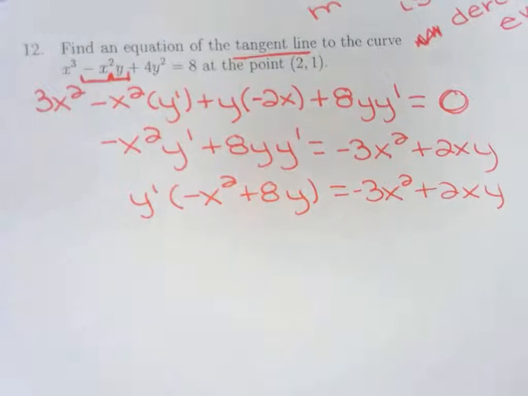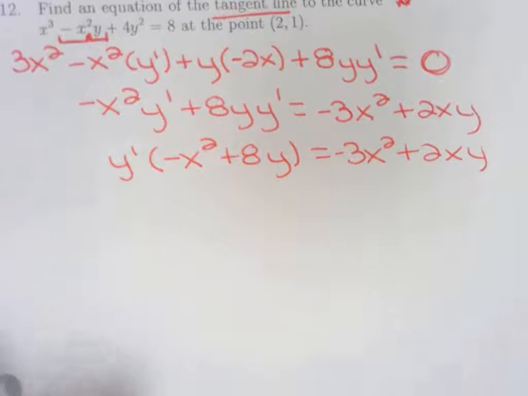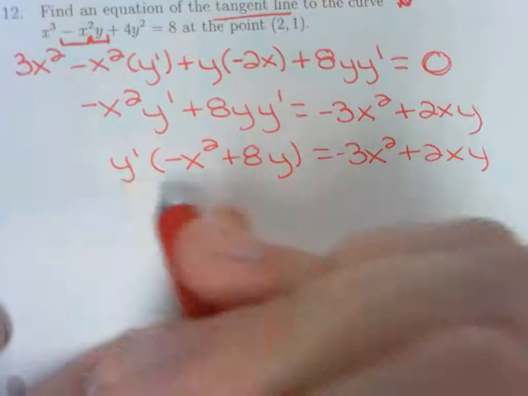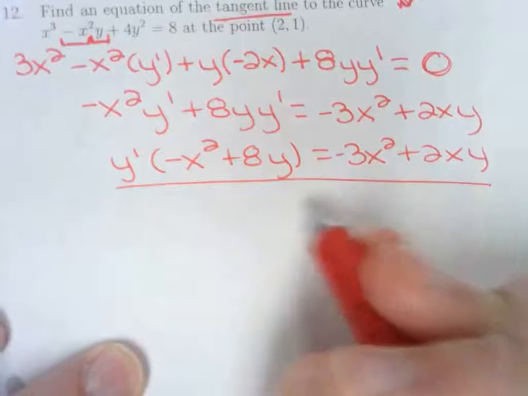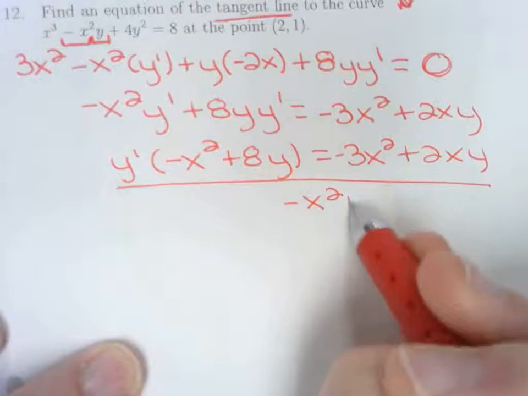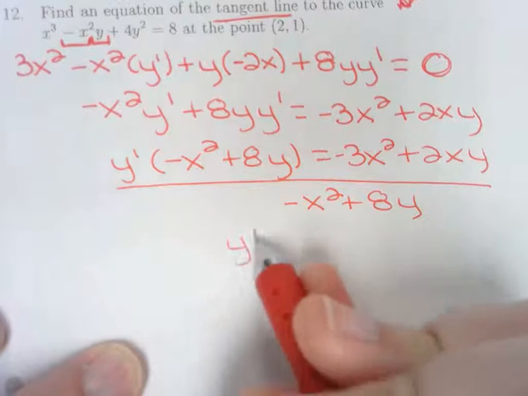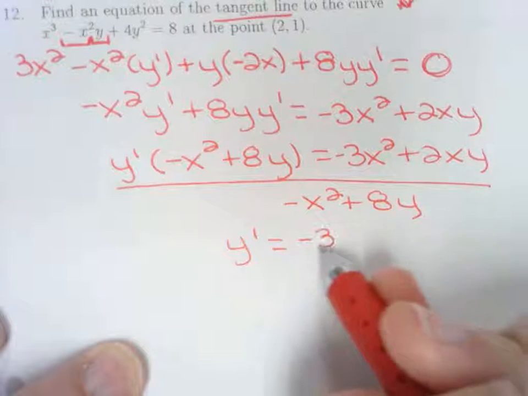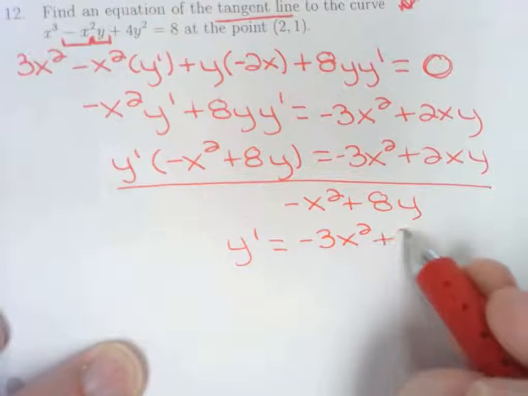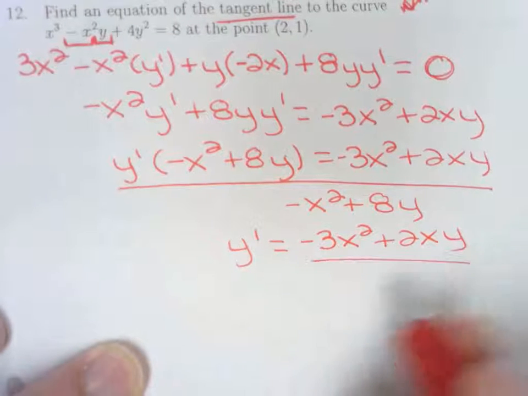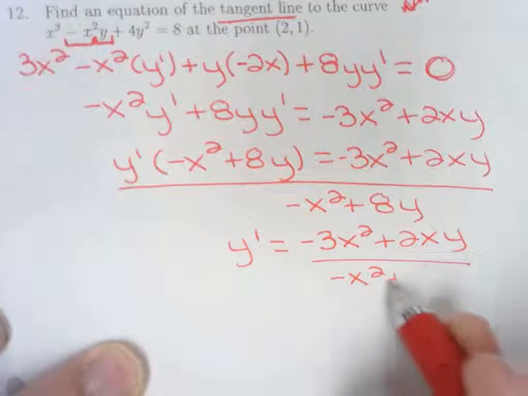And then finally, to solve for y prime, divide everything by this. I just noticed all of the answers are in standard form. Good times. Okay, so there is my derivative.